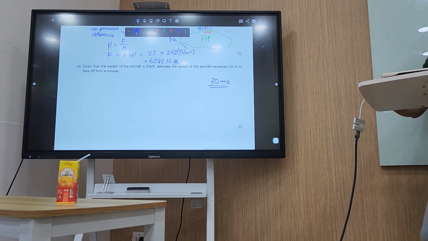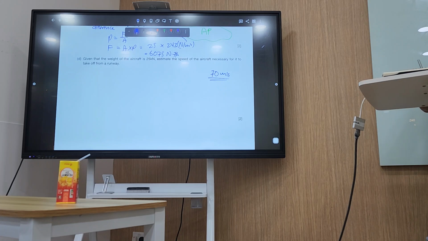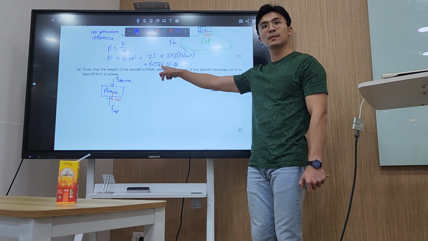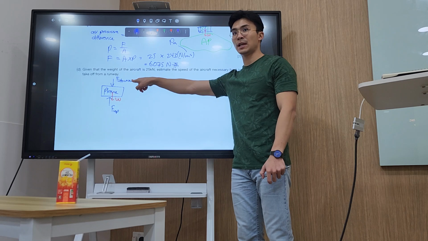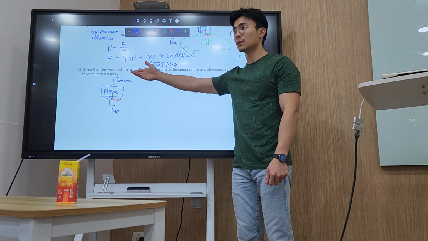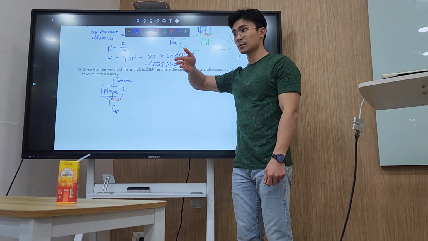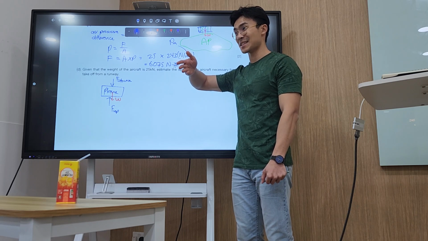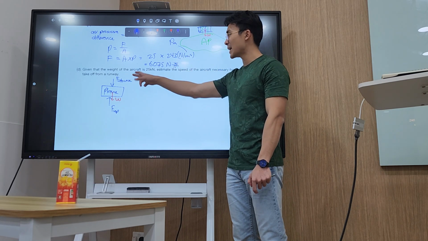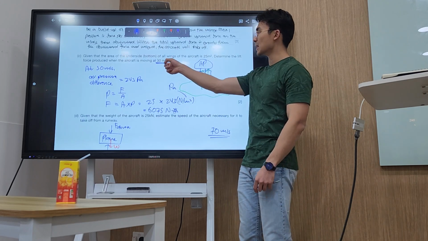Now, let me go through this, guys. This is your plane. You have F up, you have F down, and you have weight. This 6,000 was F up minus F down, correct? So your F up minus F down is 6,000 when I'm moving at 30 meters per second.